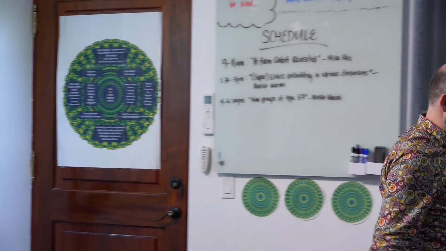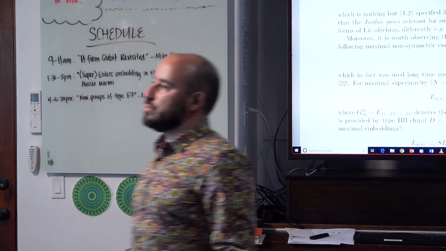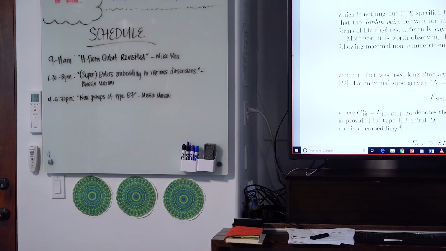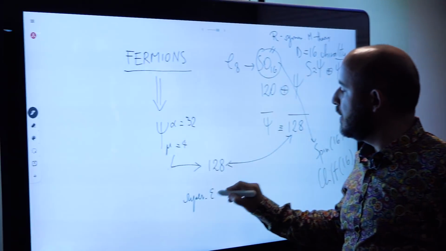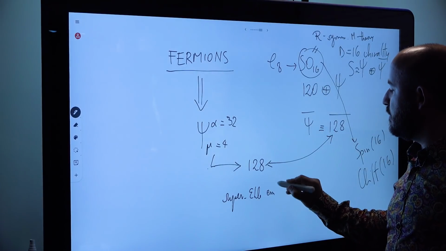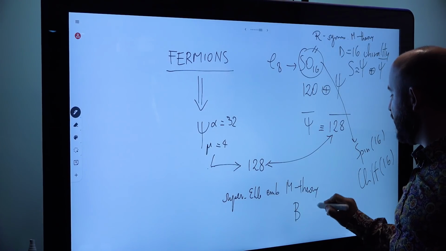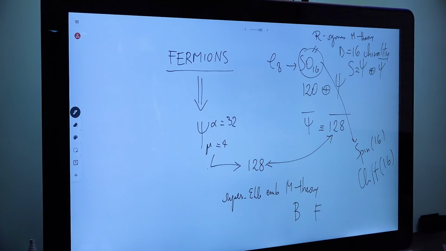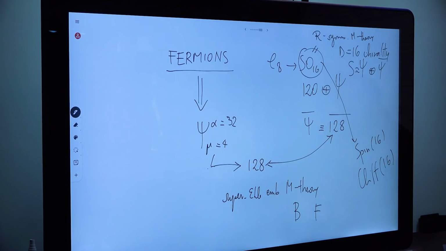This is why Tony likes it so much. So you see that in this way there is a precise correspondence between the Super-Ehlers embedding for M theory and the bosons and fermions of M theory. So all the degrees of freedom on shell of the theory are encoded in the mathematics of this embedding.